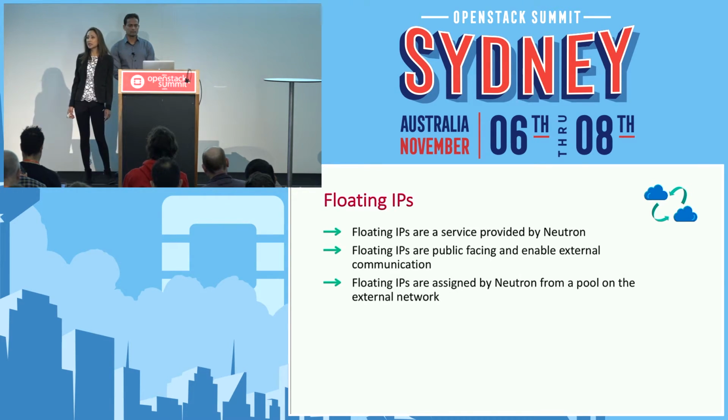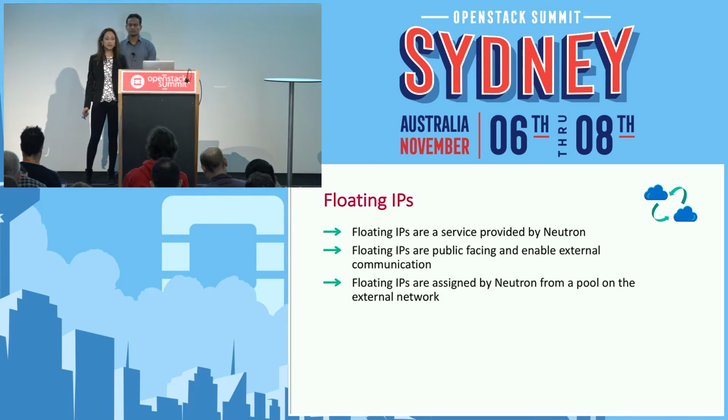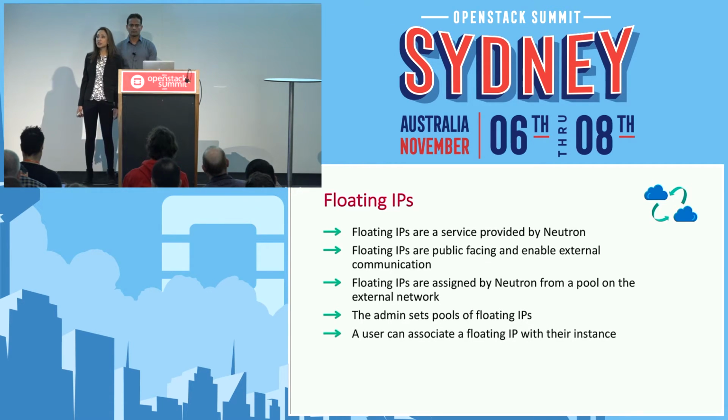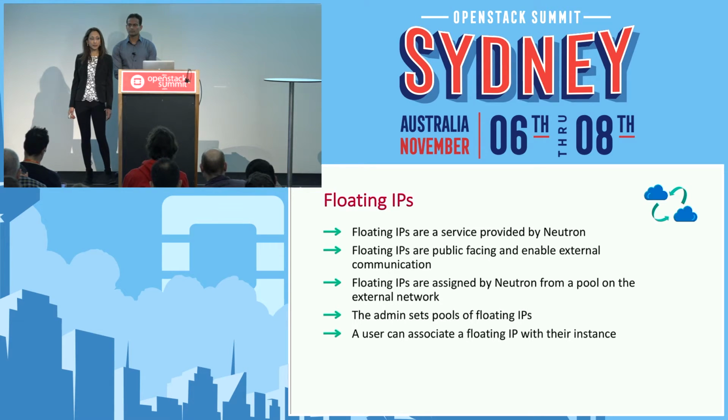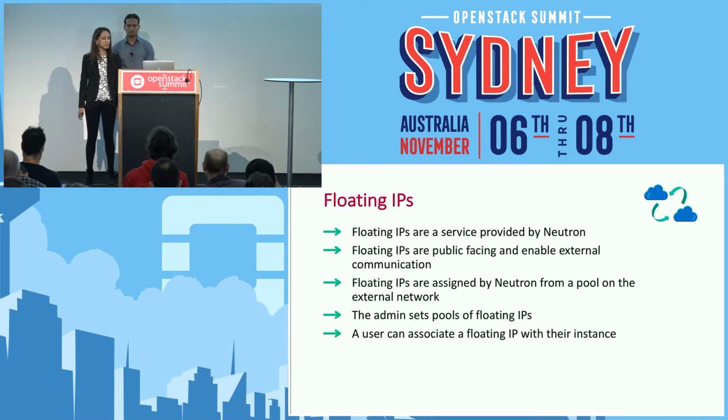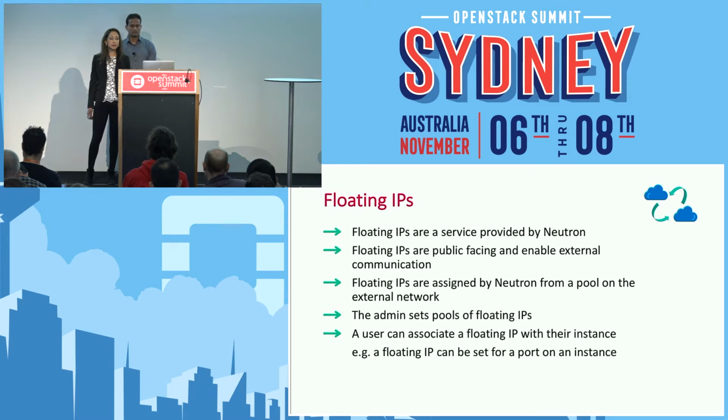Floating IPs are assigned by Neutron from a pool of available IPs in the external network. The admin is responsible for setting this pool of floating IPs. A user can associate a floating IP with their instance. For example, a floating IP can be set for a port on an instance.